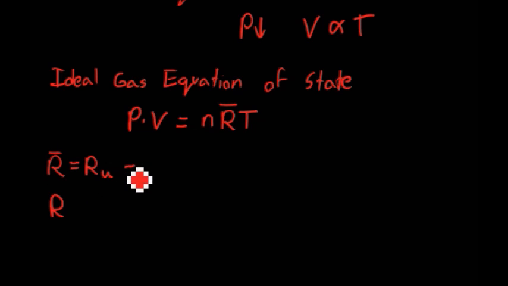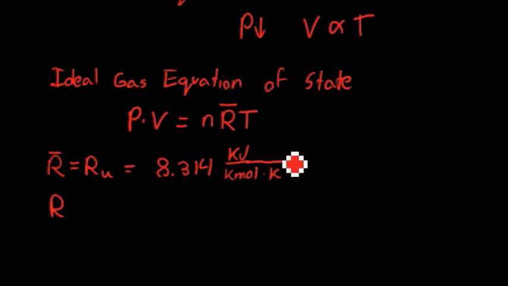R bar, we're going to say, is 8.314 kilojoules per kilomole Kelvin. You can also write this as 8,314 joules per kilomole Kelvin.